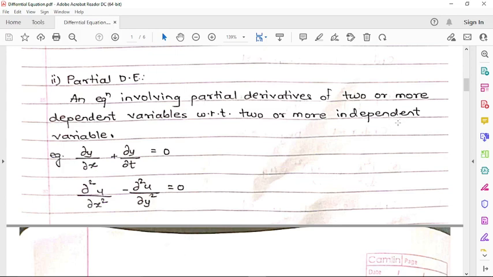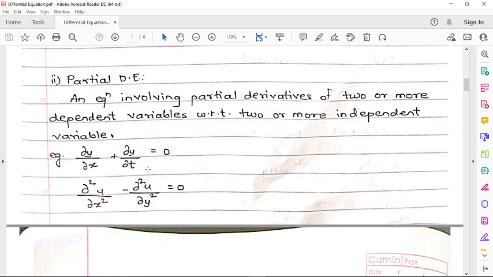If any equation contains more than one independent variable, we can call that equation a partial differential equation. See this equation: specifically in case of partial differential equations, you have to use the notation dou y by dou x. So dou y by dou x plus dou y by dou t is equal to 0. Here the dependent variable is y, only one dependent variable, and x and t, two independent variables, are present, right?